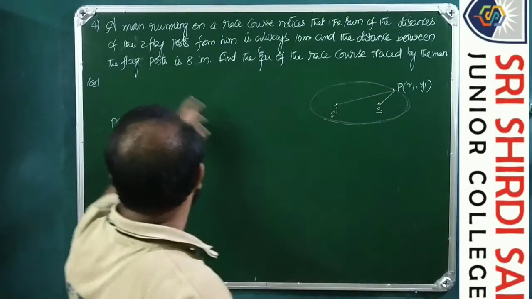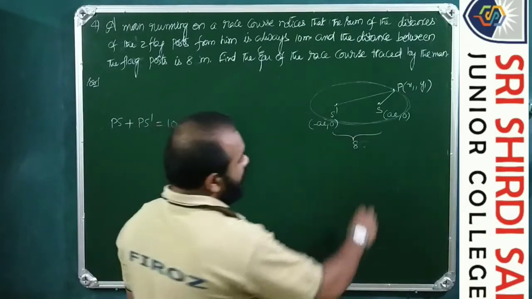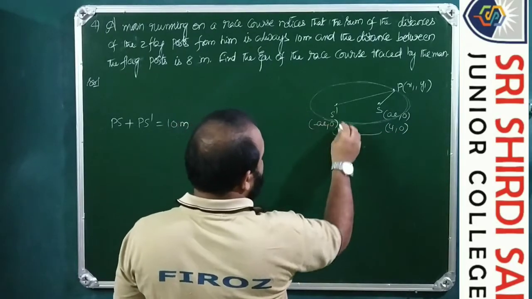And the distance between the flag posts is 8 meters, given. So that means this is 8, this is 4 comma 0 and this is minus 4 comma 0.